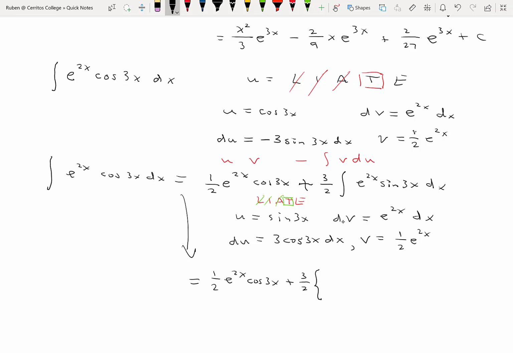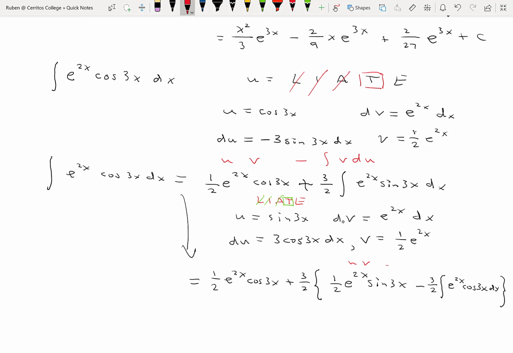U times v, 1/2 e to the 2x sine 3x. That's my little uv, minus the integral of v du. Well, du has a 3 in the numerator, dv has a 2 in the denominator. Integral v du, e to the 2x cosine 3x dx.